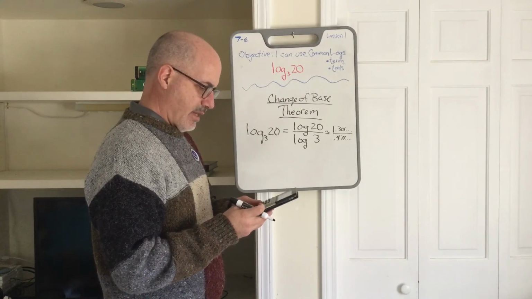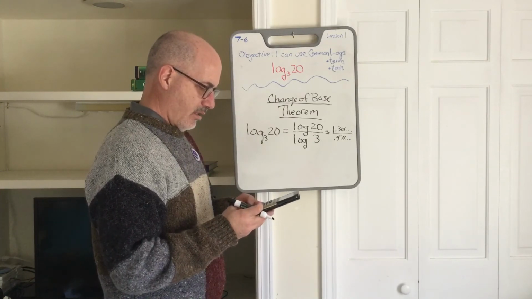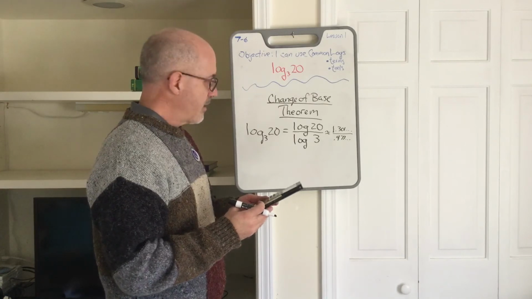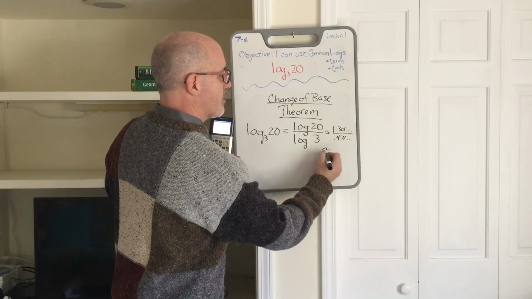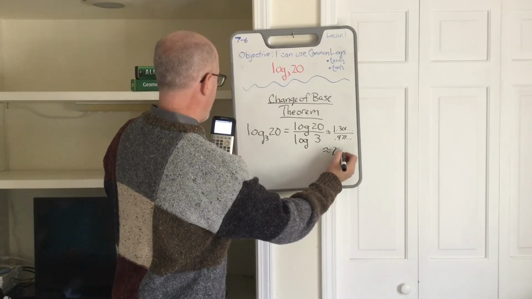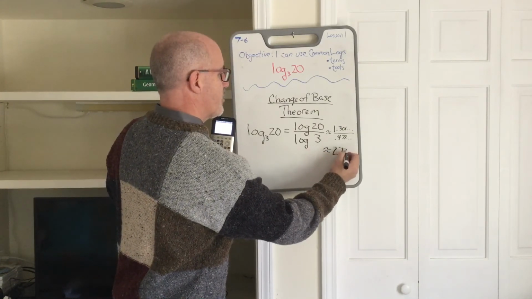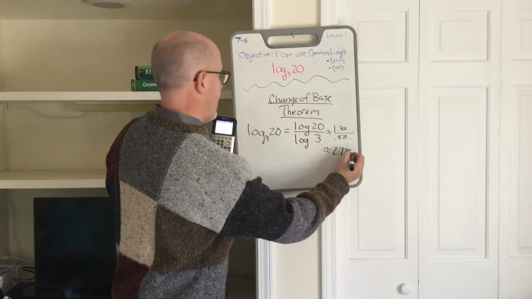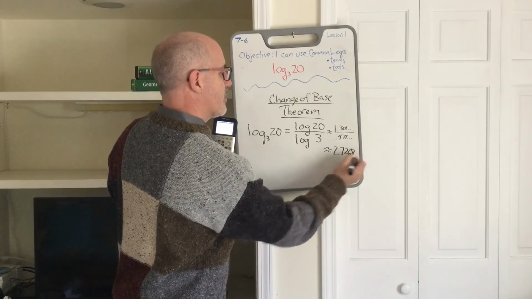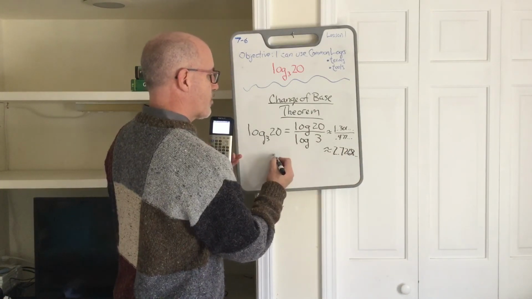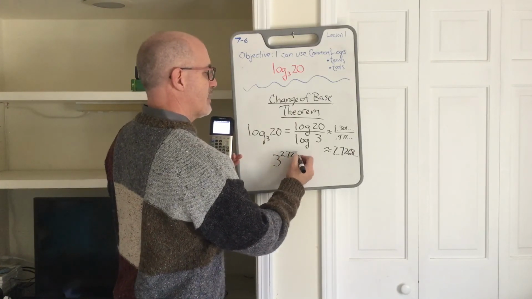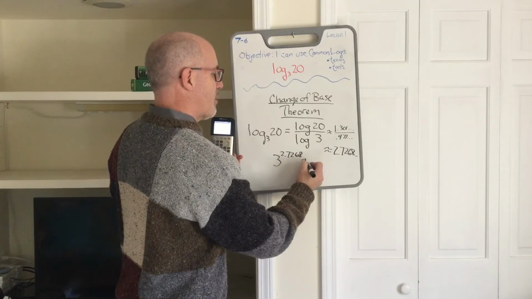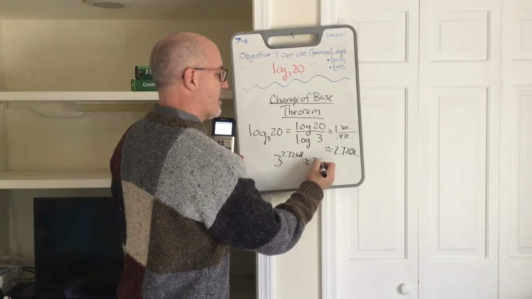And so if I take log of 20 and divide by log of 3, what I get is about 2.726, etc. That's saying 3 to the 2.7268 is about equal to 20.